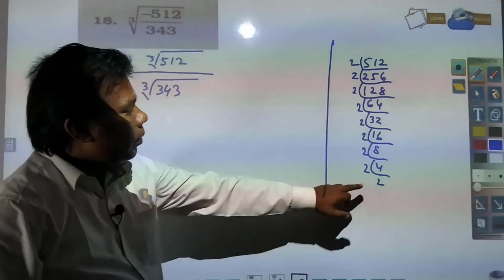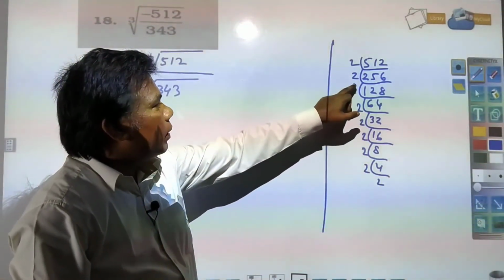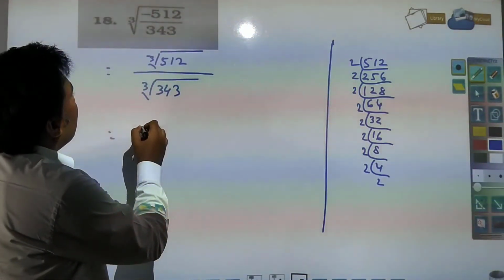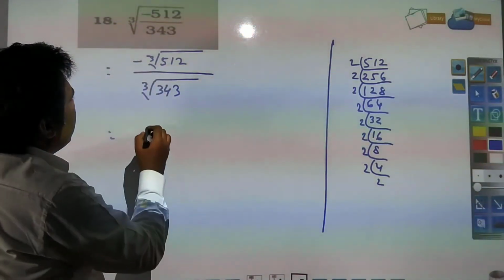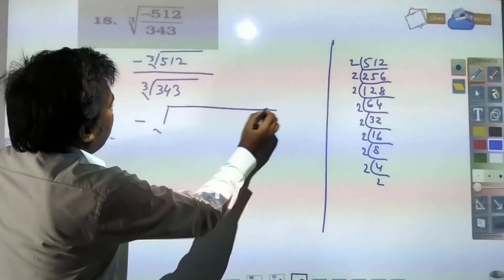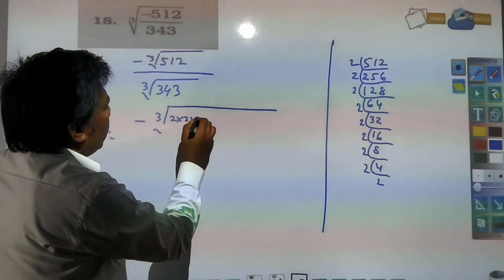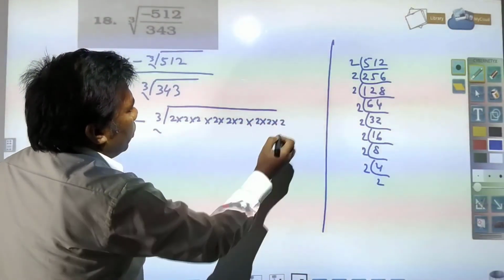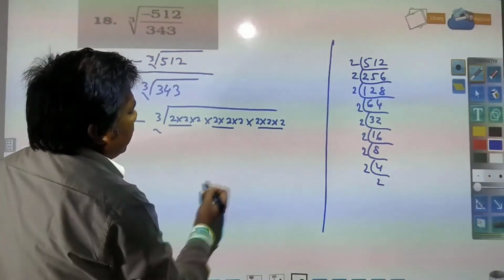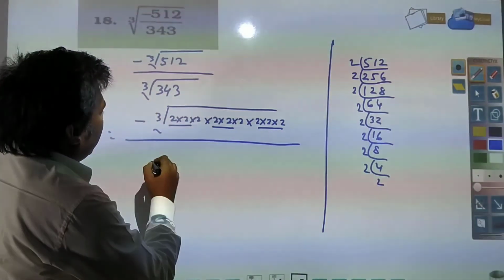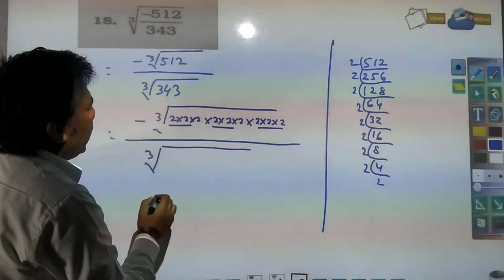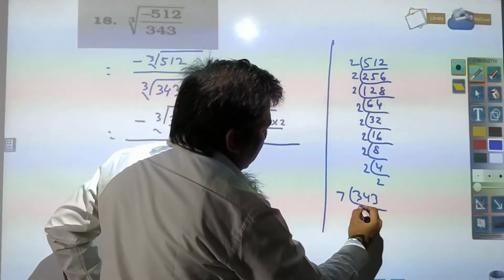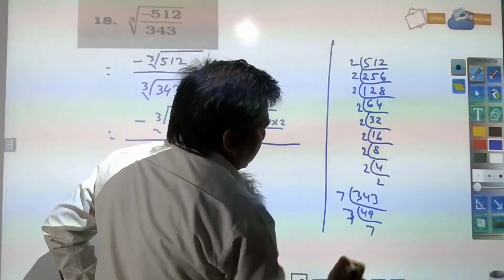So how many times do you have it? 1, 2, 3, 4, 5, 6, 7, 8, 9 times you have. So it can be written as minus cube root of 2 into 2 into 2, 2 into 2 into 2, 2 into 2 into 2. 3 triplets you have, and divided by, here you see, just now we had seen 343, 7 7 is 49.